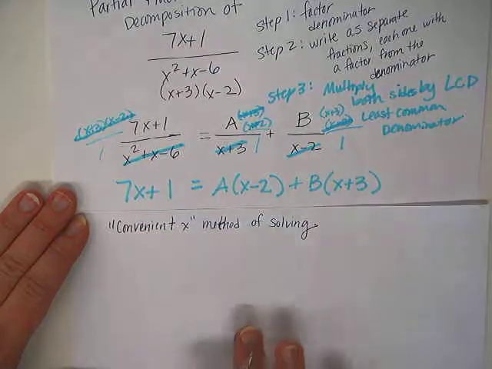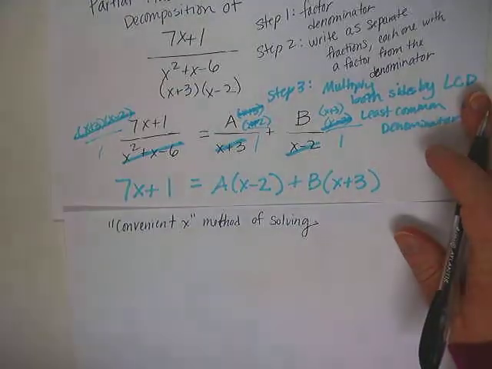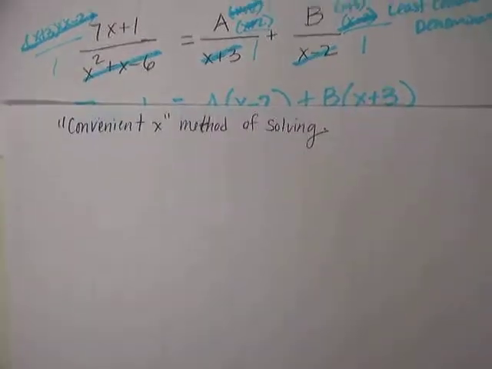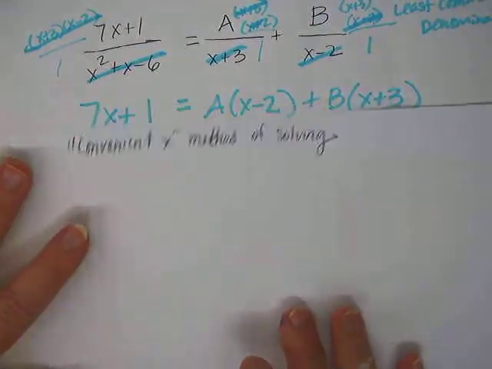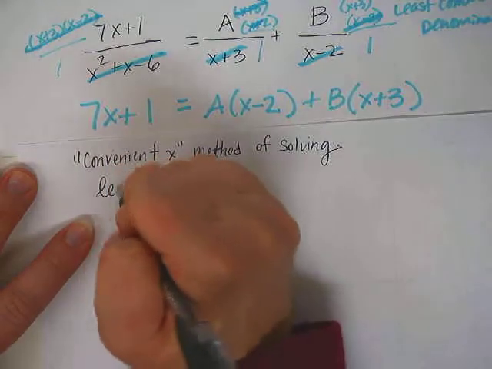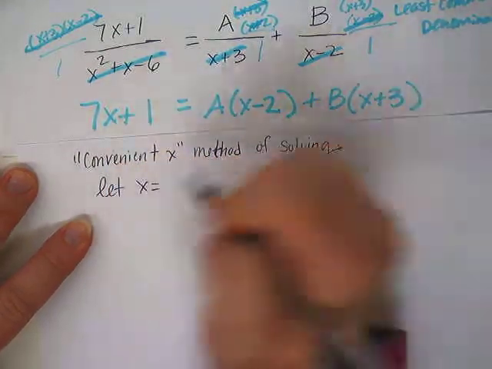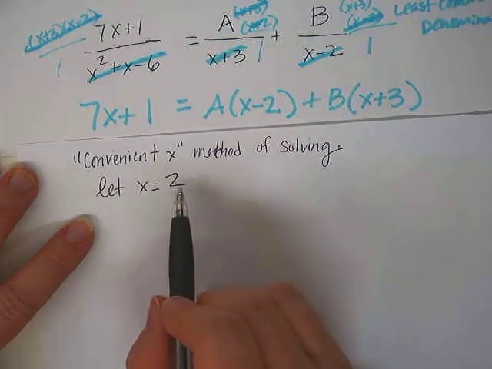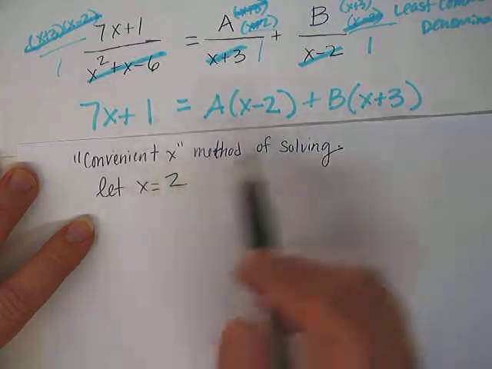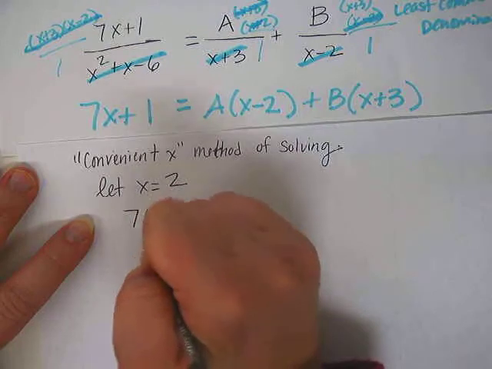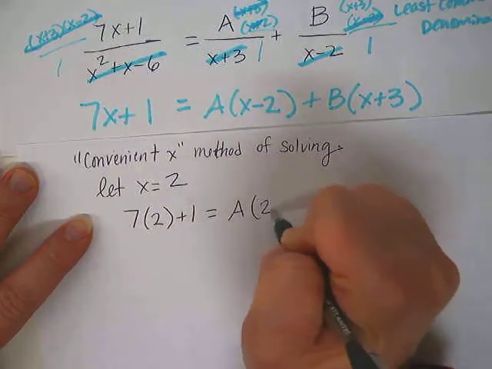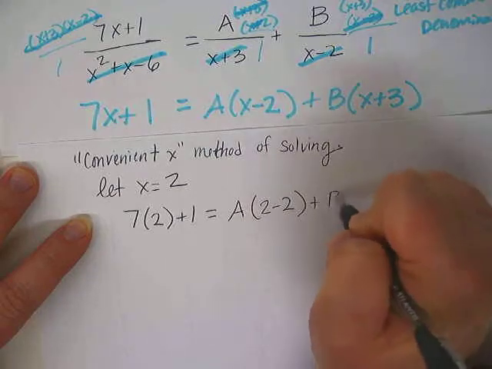Okay, this is called the convenient x method of solving these. There is another way. Okay, so for your convenient x method, sorry, not math. For your convenient x method, you plug in like x equals 2. Yeah, I'll leave that on the recording. Okay. So you let x equal something like 2 and you plug it in.